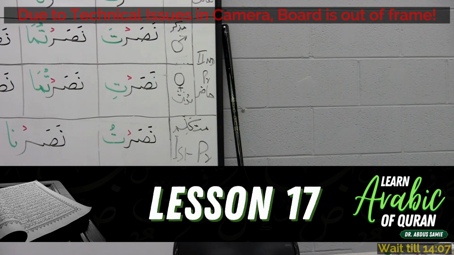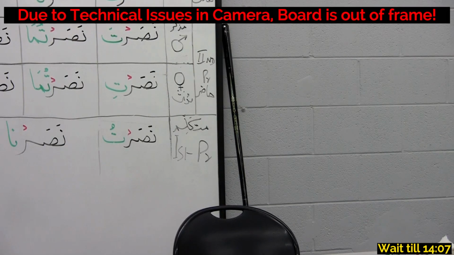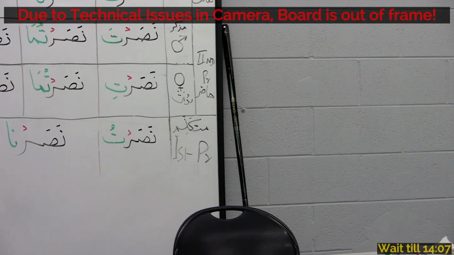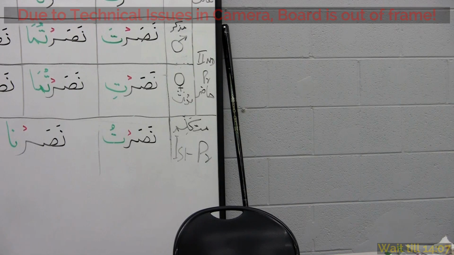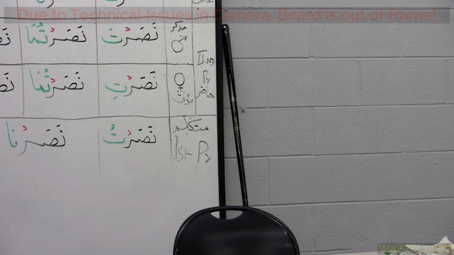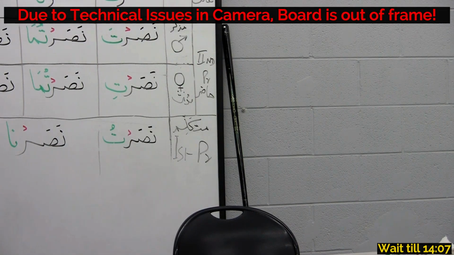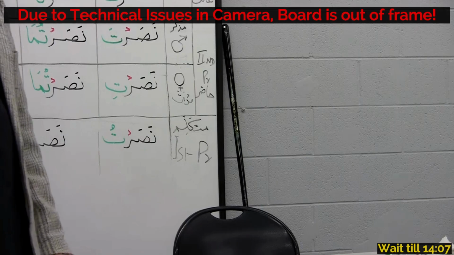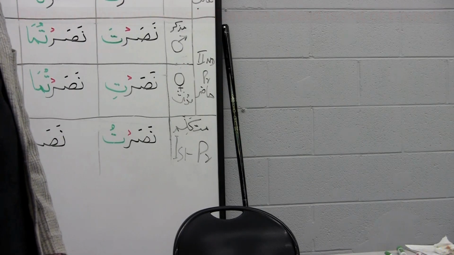It could be said this way too, qatala Jaluta Dawudu, as long as it's clear that this is the rafa form and this is the nasab form, wherever it goes in the sentence. You see how Dawood is the person who did the act, and there's a dhamma on the last letter.